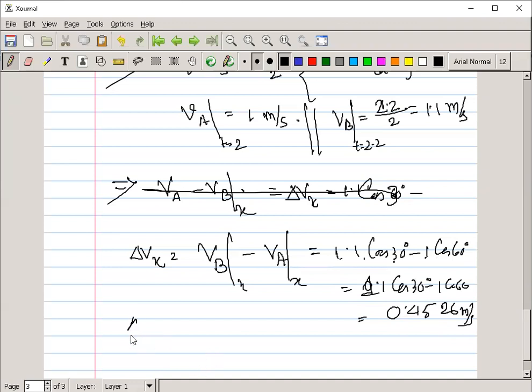Similarly, along y, del Vy is 1.1 sine 30 minus 1 sine 60. This will give us how much? 1.1 sine 30 minus sine 60. How much is it?